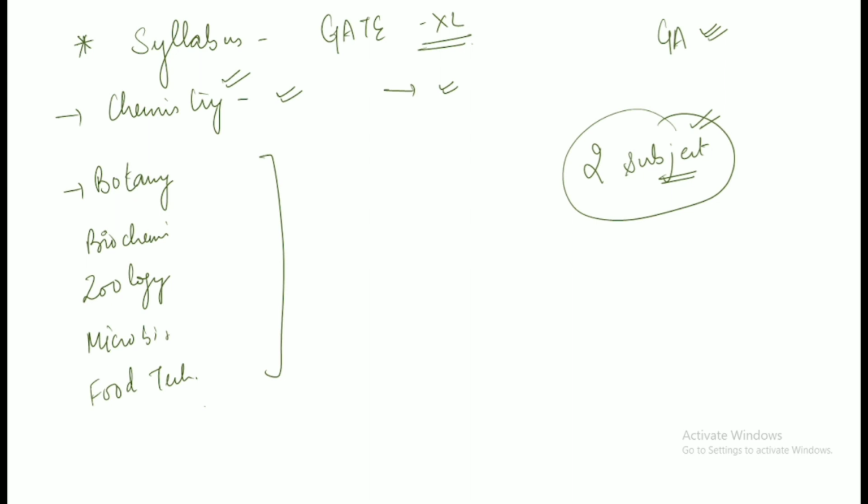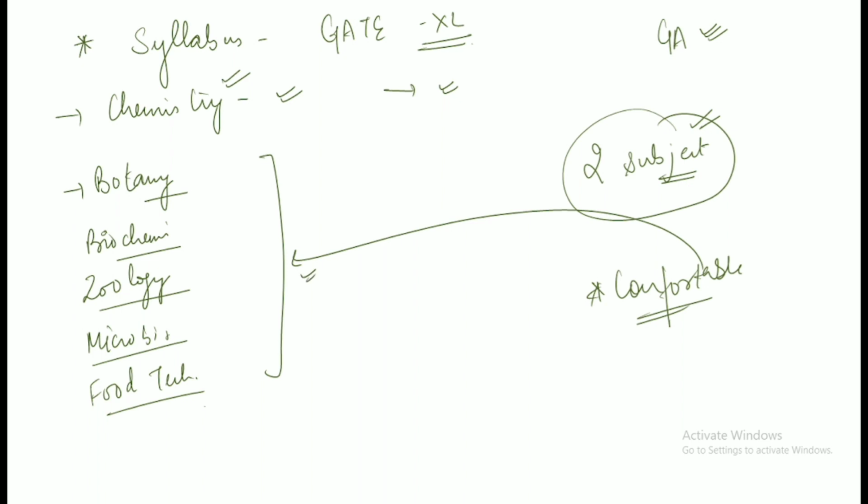So you have botany, biochemistry, zoology, microbiology, food tech. Choose the areas where you are comfortable, where you are confident enough that yes, you can solve those questions, then go for it, so that you can actually attempt the questions and score marks in order to qualify with a good rank and get into the colleges you are targeting.